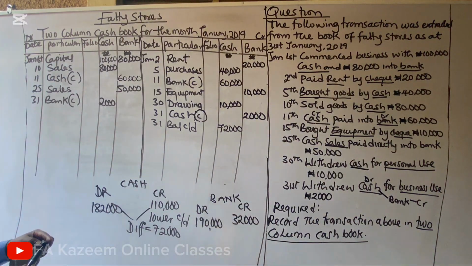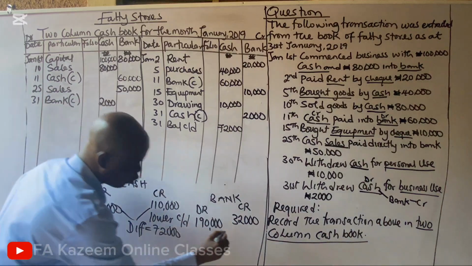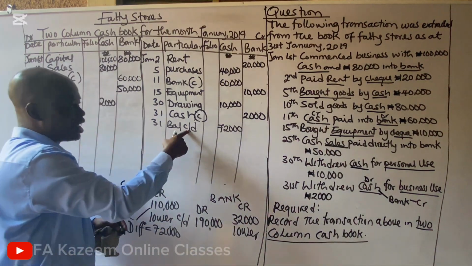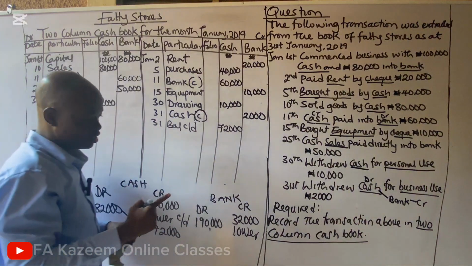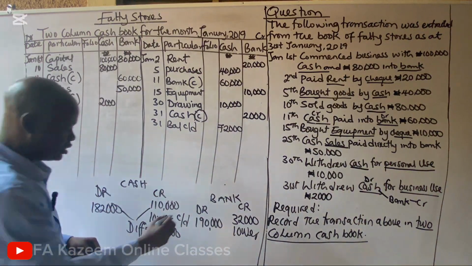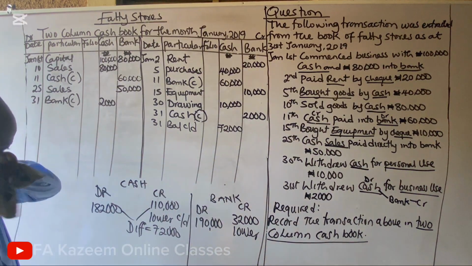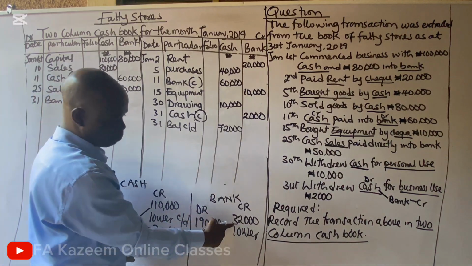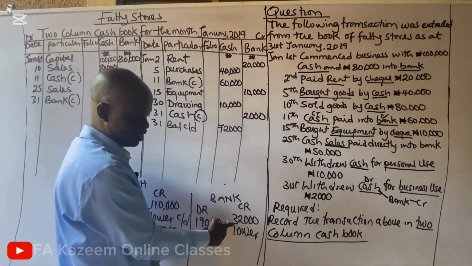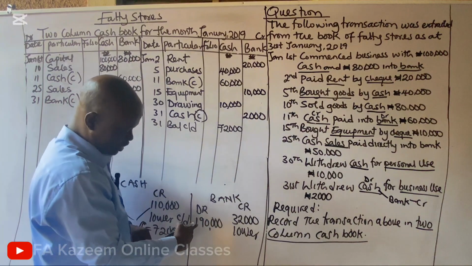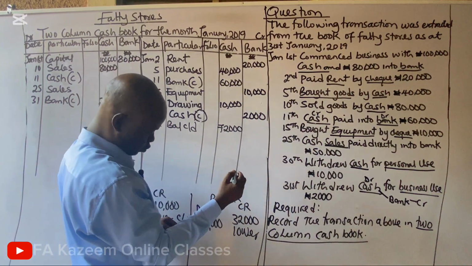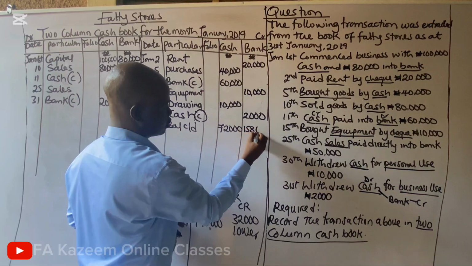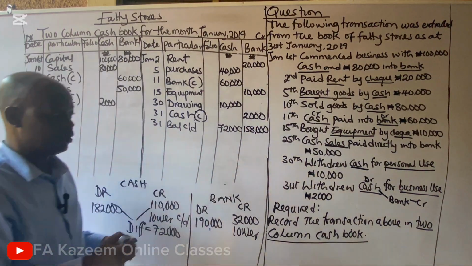Where's the lower side again? The lower side for bank is the credit side, meaning the balance carried down will also serve for bank. How much is the total money in their bank? They have a total of 190,000 in the bank. They have paid out from the bank 32. 190 minus 32, they will be having 158,000 left in their bank.